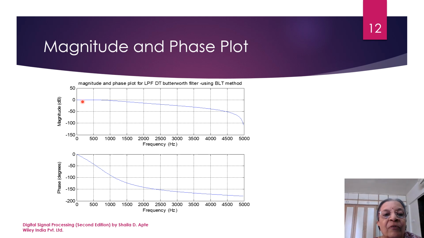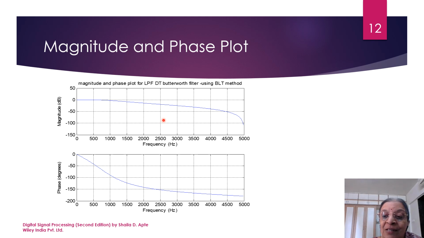The response is maximally flat up to 1000, and it is monotonically decreasing in the stop band. But the stop band response is not as satisfactory, because even in the stop band we are getting some response, and it is not attenuating as per the desired values required by the user.